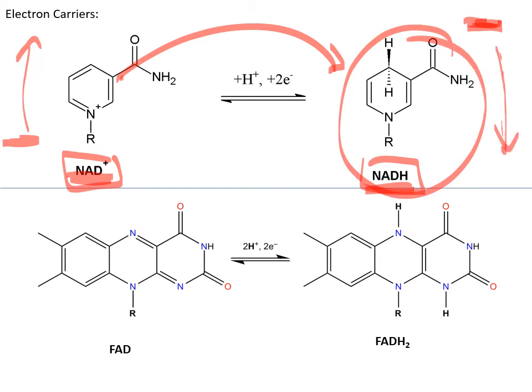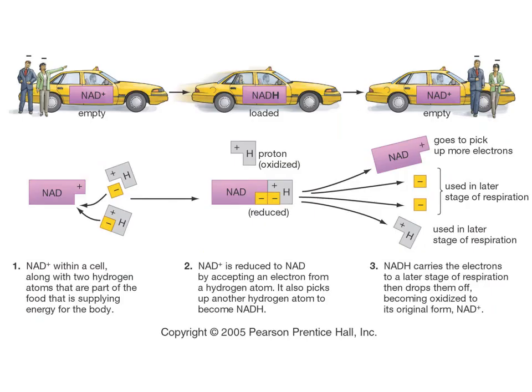We can couple that with some process we want done, and we can get work done. The same thing happens with FAD and FADH2. FAD is the lower energy version, FADH2 is the high energy version. So once you add in those electrons, you are now at a higher energy version. You have the ability to do work, which can be coupled with an endergonic process in order to get it done. Notice our neglect of the hydrogens.